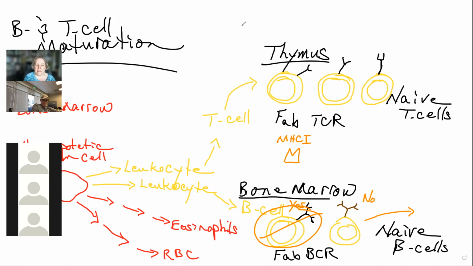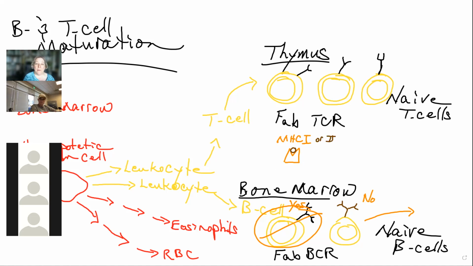And as the cell makes proteins and what have you, they will display bits and pieces of this in this MHC1, and they'll display it on the surface of the cells. And T cells need to be able to recognize this. They need to be able to recognize and interact with MHC1 or MHC2.